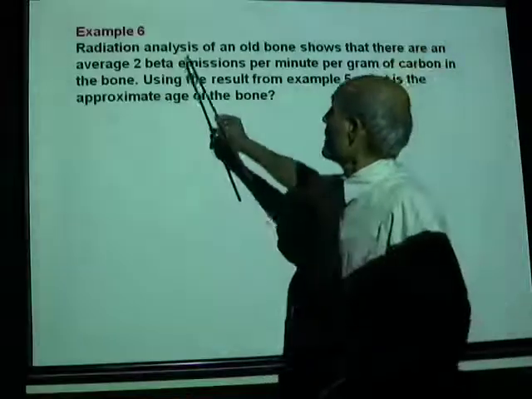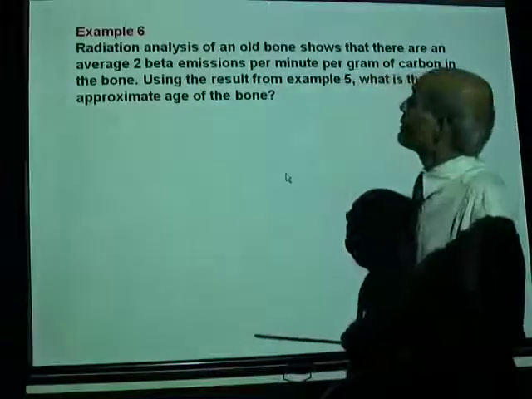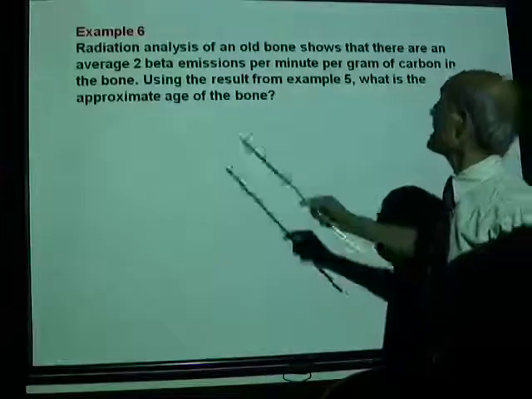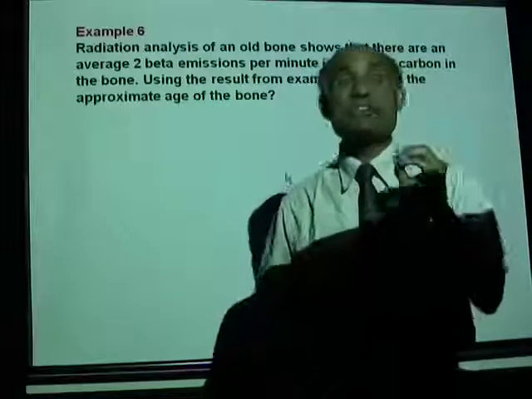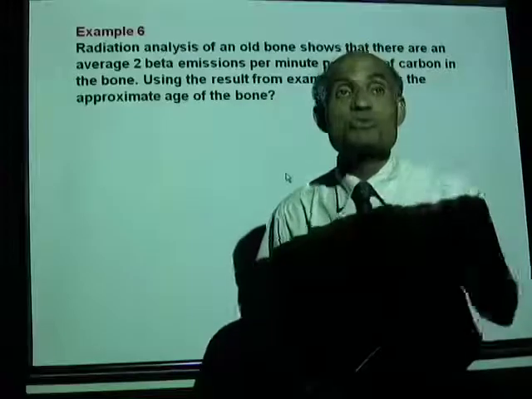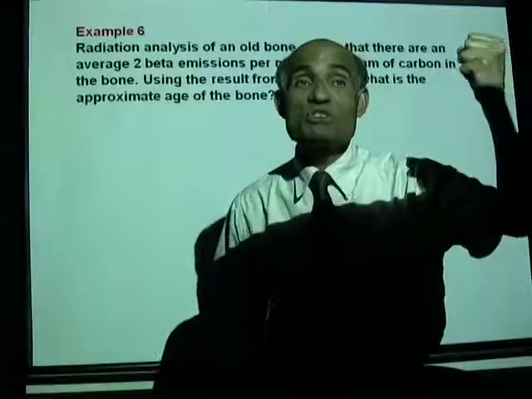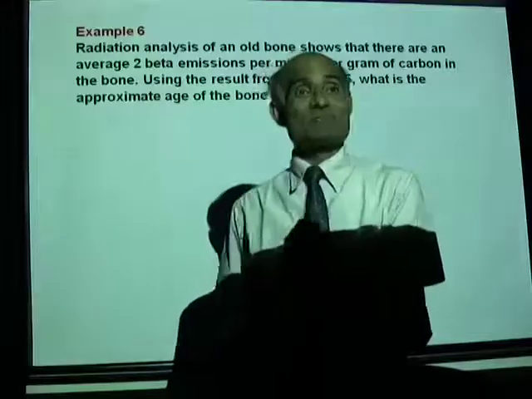Now, when we analyzed this bone, what did we find? The radiation analysis of an old bone shows that there are an average of 2 beta emissions. The activity now is 2 radiations per second. So 16, which is the original number, has been reduced to 2 radiations per second.